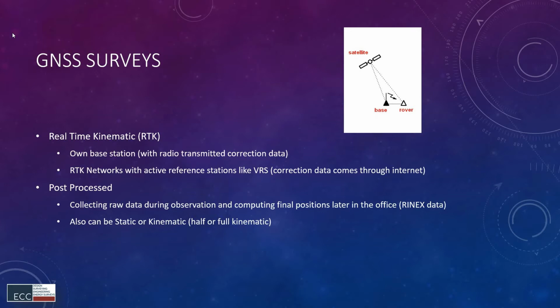So we leave everything unknown, and we write the base coordinate in manually or import it, and then we select it to be control quality, and then we select all the vectors from our base to the rover points.